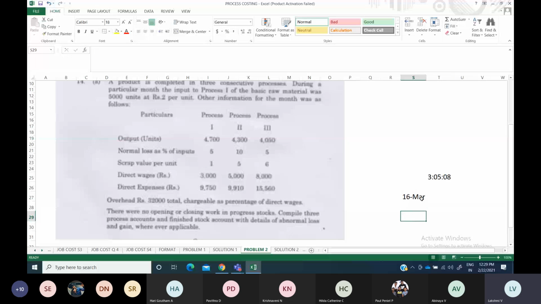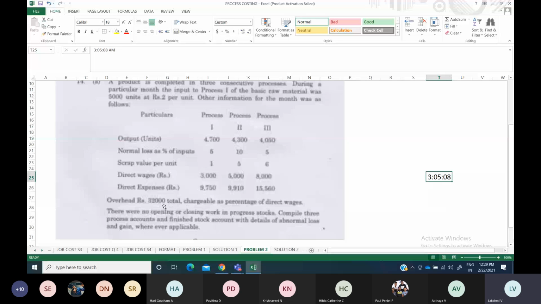For the first process, 3 by 16, and for the next one, 5 by 16. The denominator is 16, and the numerators are 3, 5, 8, so we take 3 by 16, 5 by 16, 8 by 16.